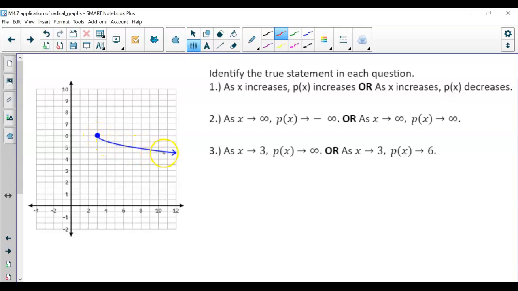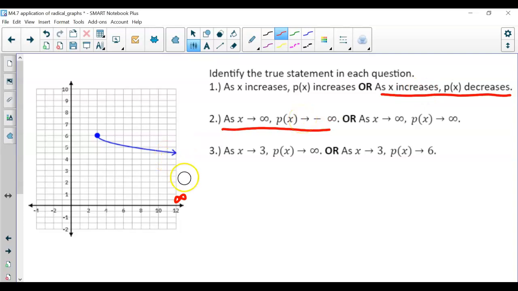It's going down, it's decreasing. So that's why it was the second piece here. Then in number two, as x approaches infinity, what is our end approaching? Negative infinity. So that's again all the same, just words and symbols.